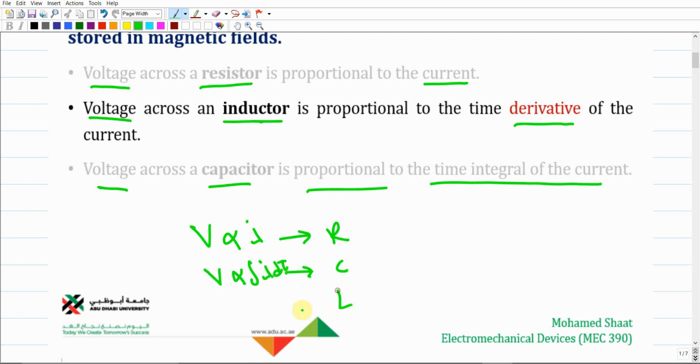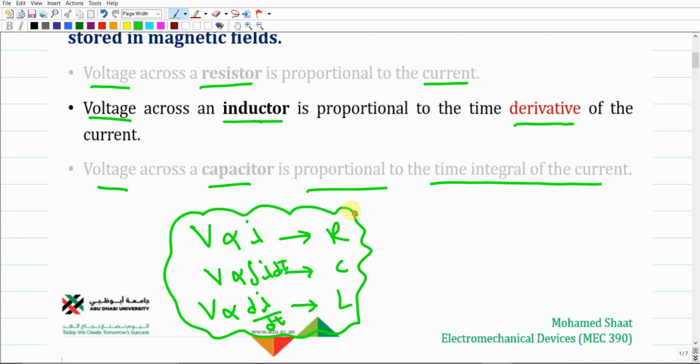But for the case of the inductor, and this is what we're going to discuss today, the voltage is directly proportional to the derivative of the current with respect to time. So these are the three controllers that we are interested in.